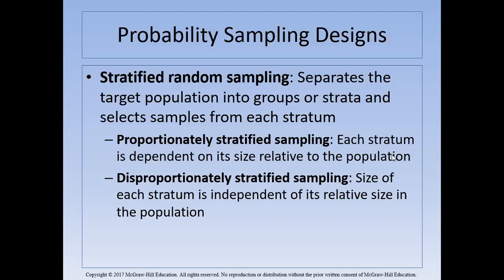That's what you call proportional: the size of the sample depends on the stratum's relative size. It's different from saying I'm just going to pick 10 people from each group, versus taking 10% of each group.